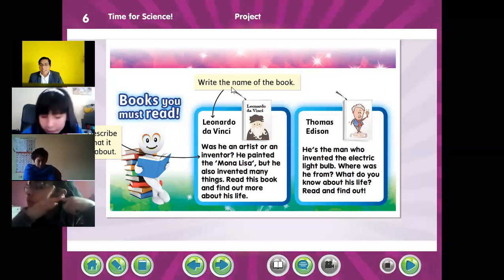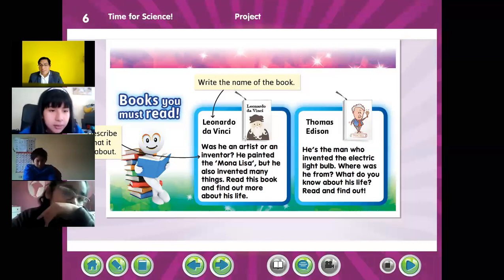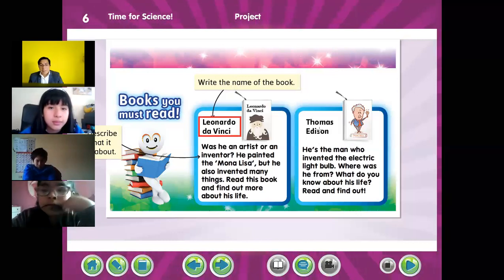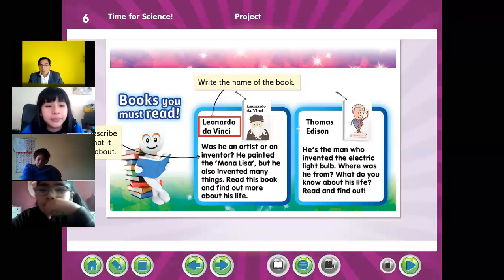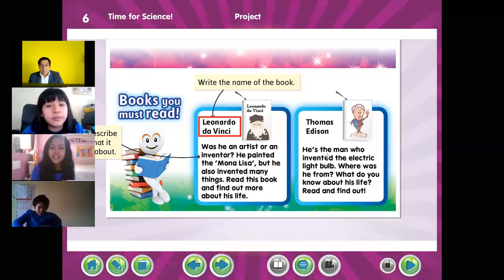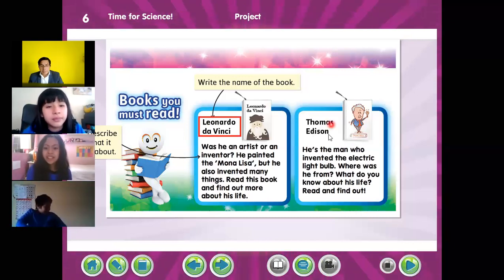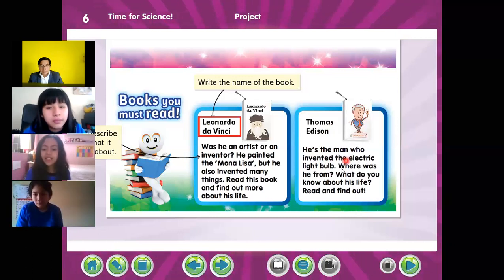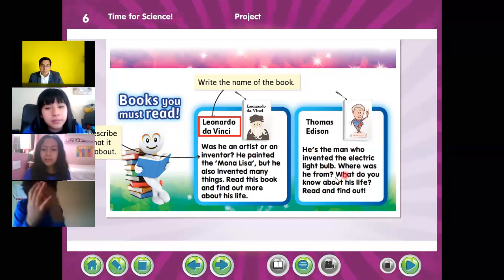This inventor. Please, Alejandra, read about the next inventor. Okay, teacher. Thomas Edison. He's the man who invented the electric light bulb. Where was he from?